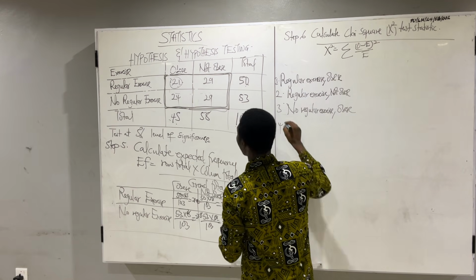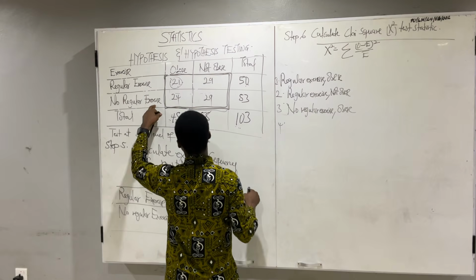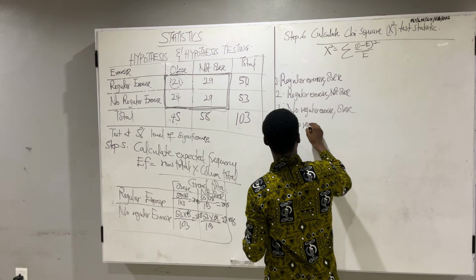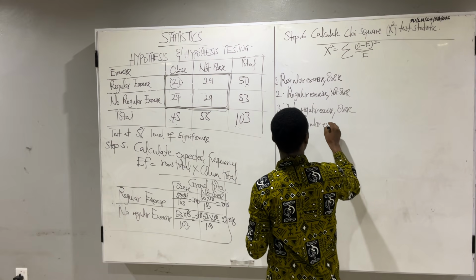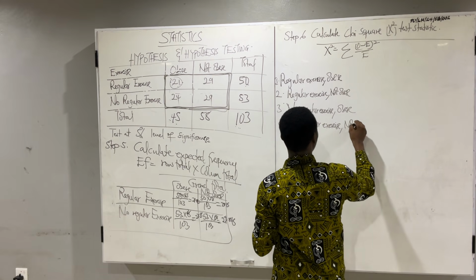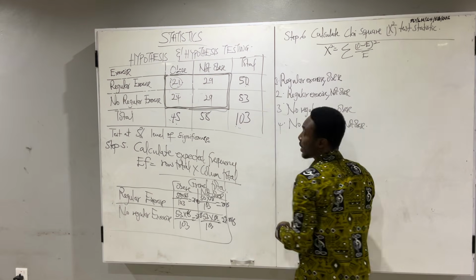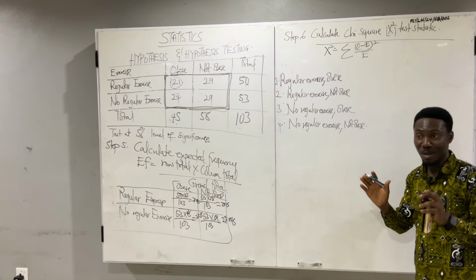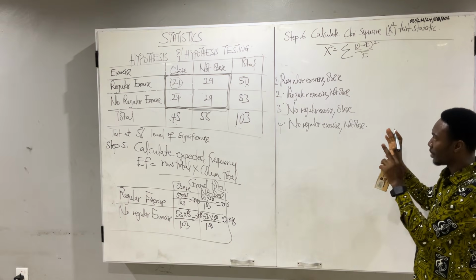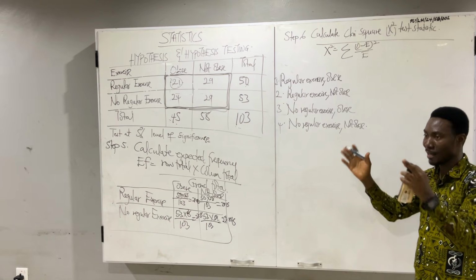Then the fourth thing, no regular exercise, comma, not obese. So you can see clearly that the table is basically showing 4 things, which we see at a glance.